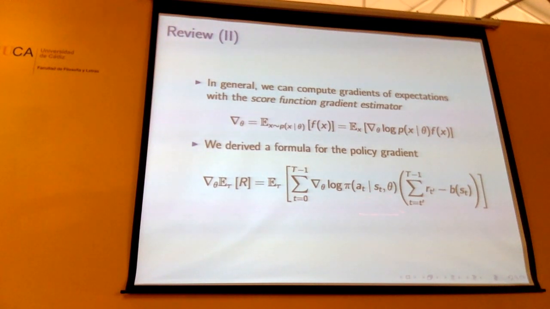And the way that corresponds to this formula inside the expectation is, well, here's the probability of the action at time t, log probability, and then this expression tells you if that action was better or worse than average, because we're looking at all the rewards that happened after that action, and then we're going to subtract this baseline function, which I'll talk about a bit later, but that's going to basically approximate what the expected rewards should be starting from that state.